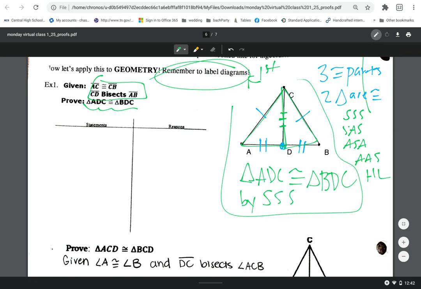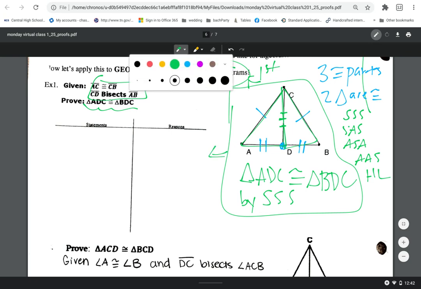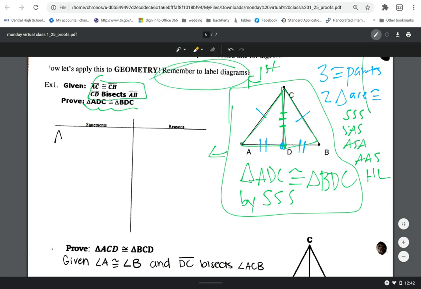So what we just talked about, we're going to fit all that into a cool looking proof. Your given is always first, so let's write that first. AC is congruent to CB. What's the reason? It's given.